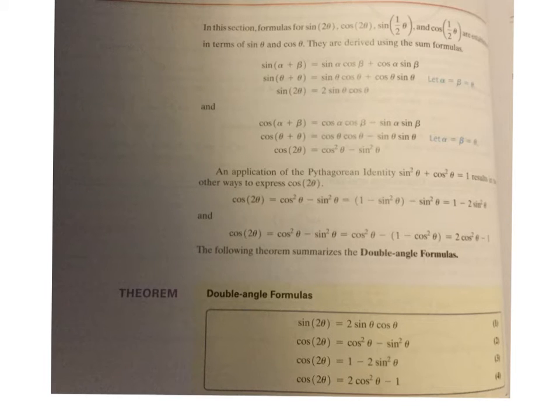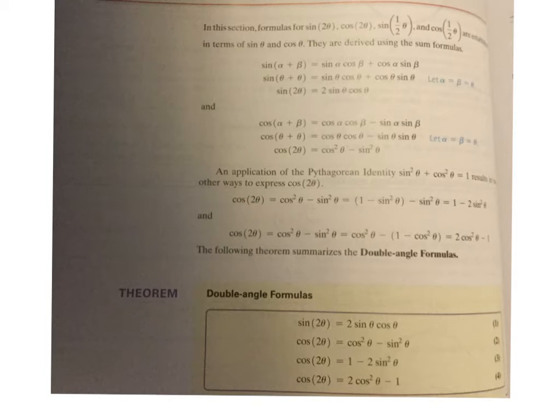It's just a simple matter of taking the one that we just derived using the cosine addition formula, and then remembering that cosine squared plus sine squared equals 1. That's the same as saying cosine squared is 1 minus sine squared. So if I replace this cosine squared with 1 minus sine squared and then clean up the algebra, I get 1 minus 2 sine squared for cosine 2 theta.